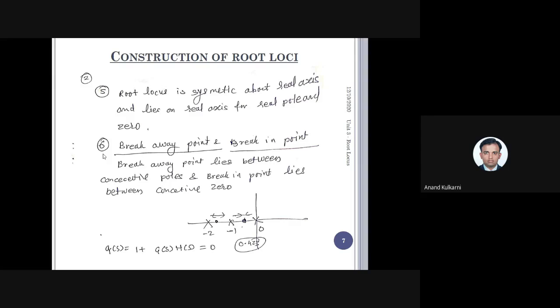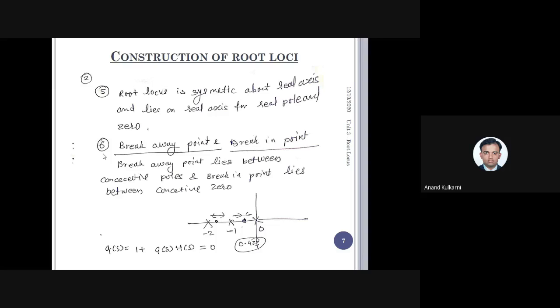A breakaway point lies between two consecutive poles. Consecutive means two continuous poles are there, then a breakaway point lies. And a break-in point lies between two consecutive, side by side zeros.